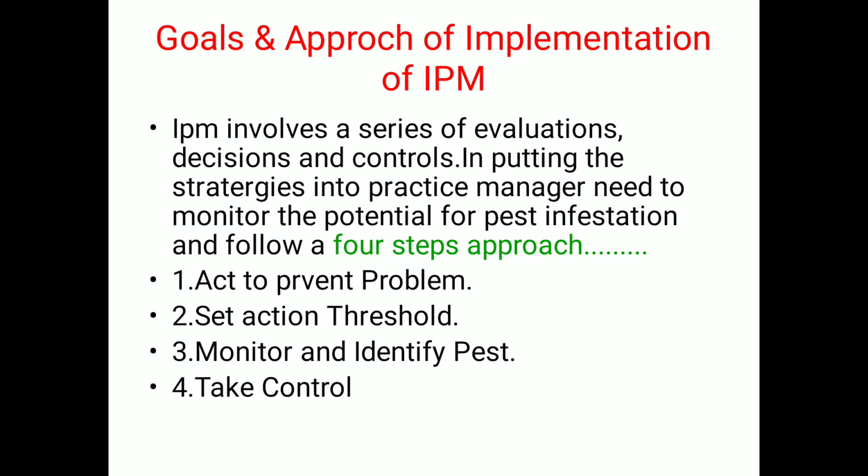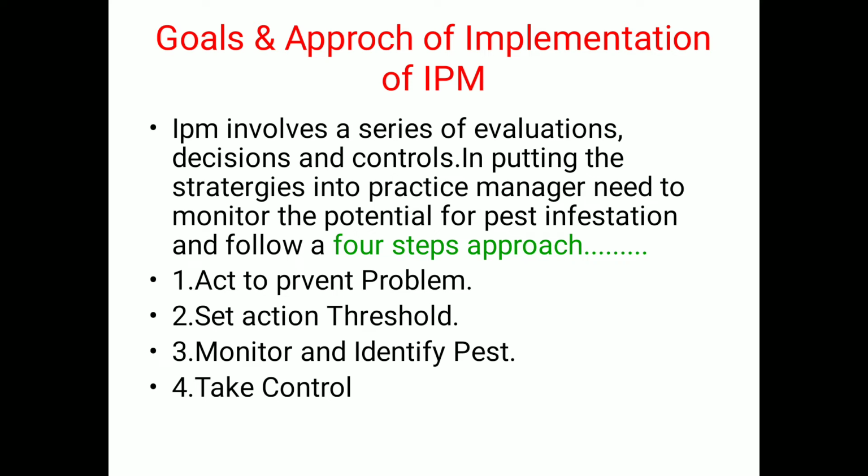So in that way we follow the 4 steps to achieve the goal and approach of IPM. First step is to prevent problems, that is we have to take prevention before the incidence of that pest. Second, set action threshold, that means at what pest population the chemical spray is essential or not, we have to decide at that point.